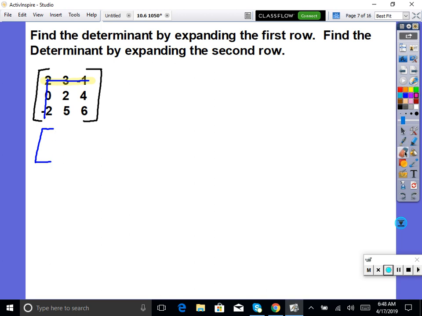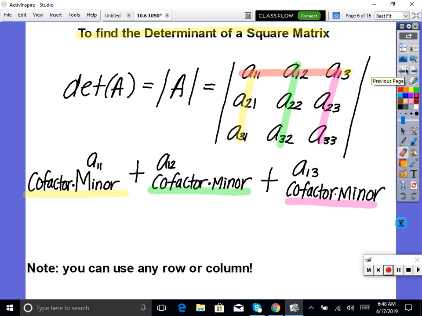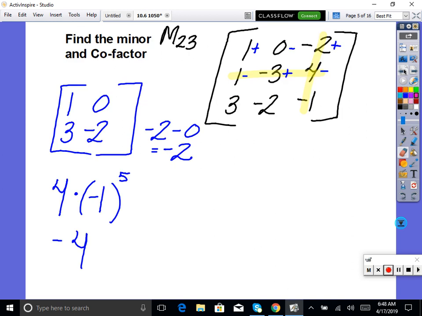Oh, I also notice, let me go back to the formula, sorry. One more thing. What I should have been doing in all of my formulas, you know how I've been going through and finding the determinant? I should have been putting straight lines instead of brackets. Does that make sense? Because that means find the determinant. I didn't think about that.